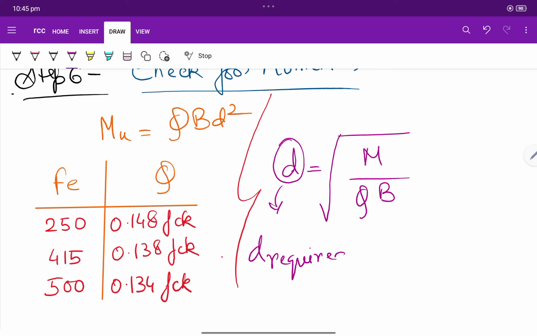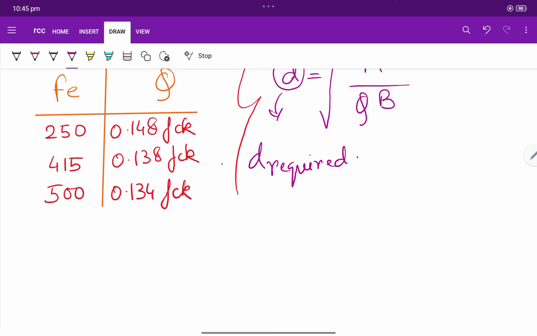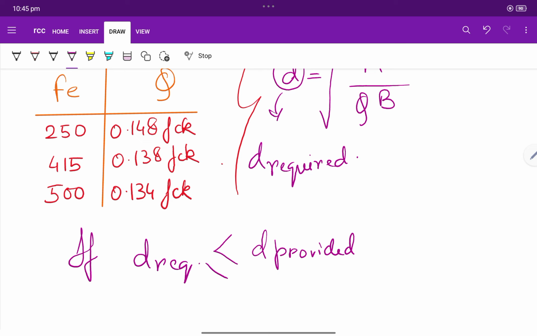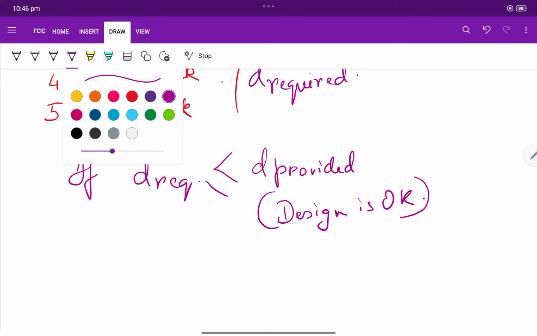Now we will check one thing: D provided, the assumed depth we have taken earlier, should be greater than the D required value we got above. If this condition is okay, then the design is okay till now. Okay, so we will see the next step.